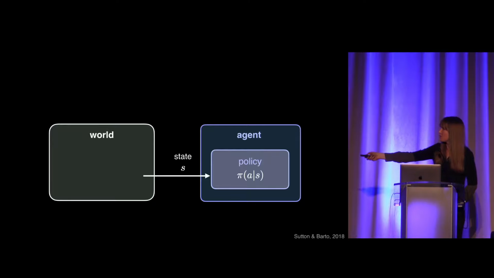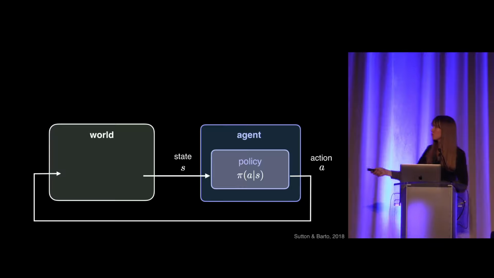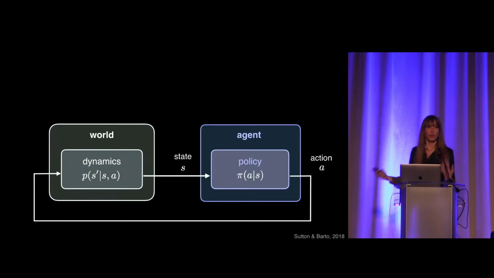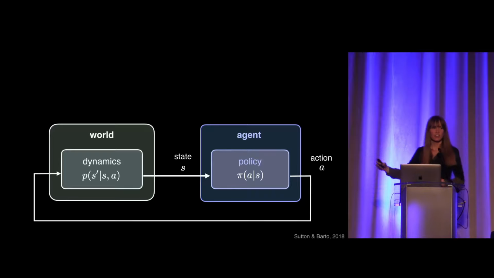So this policy can be used to select a particular action A, and that action will affect the state of the world. It affects the state of the world through a set of dynamics that we can specify. We often assume that these are Markov dynamics, and they are specified in terms of how likely it is, if the agent takes action A from state S, for the environment to transition to state S prime.